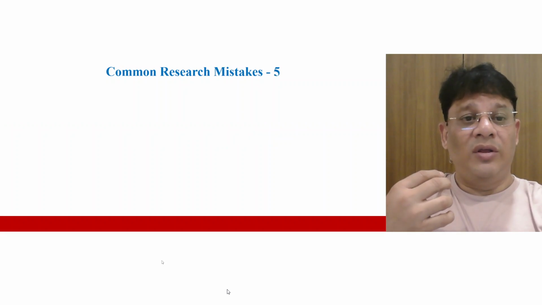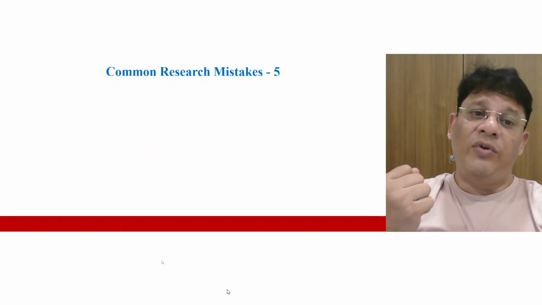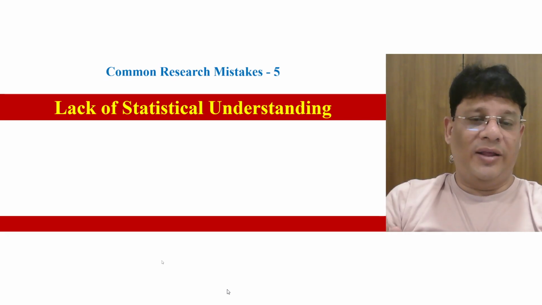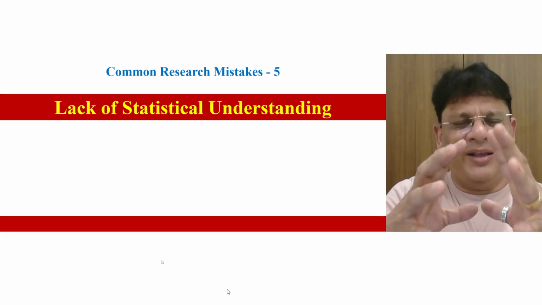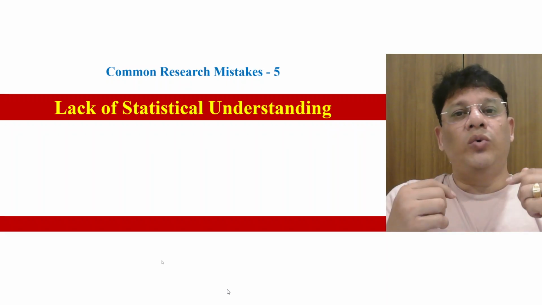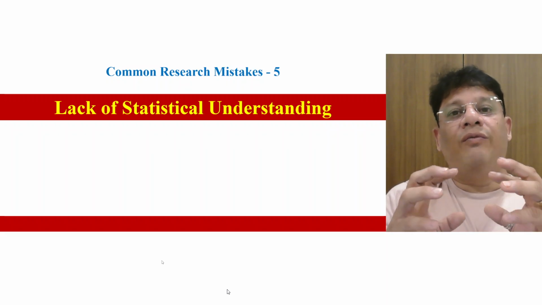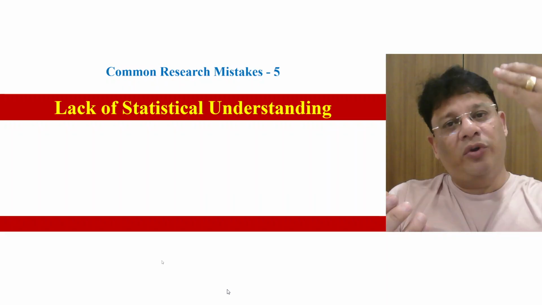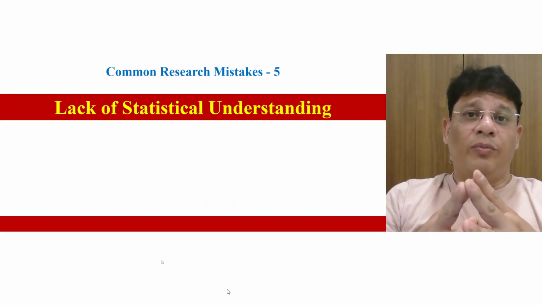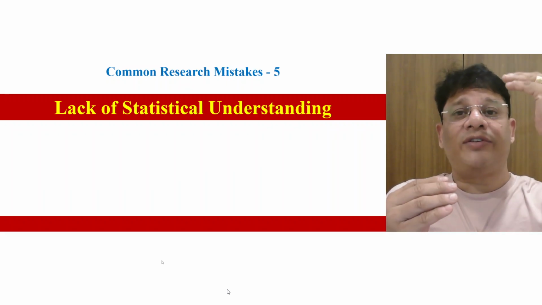The fifth mistake we normally make is the lack of statistical understanding. A common example I have seen in my life is people doing regression without checking the assumptions. When you use regression to prove a relationship, you have to check some assumptions.